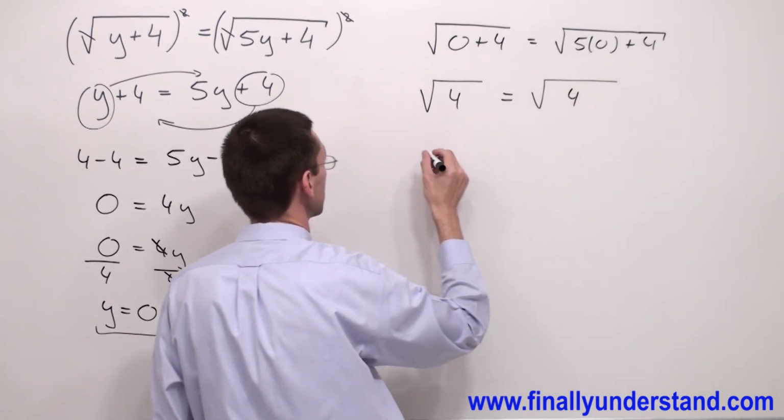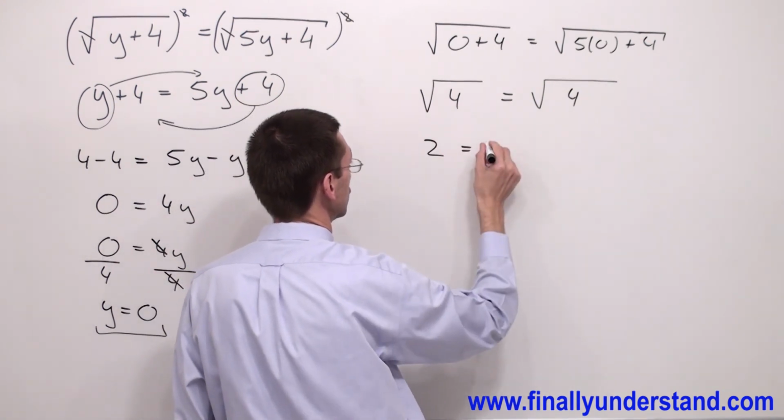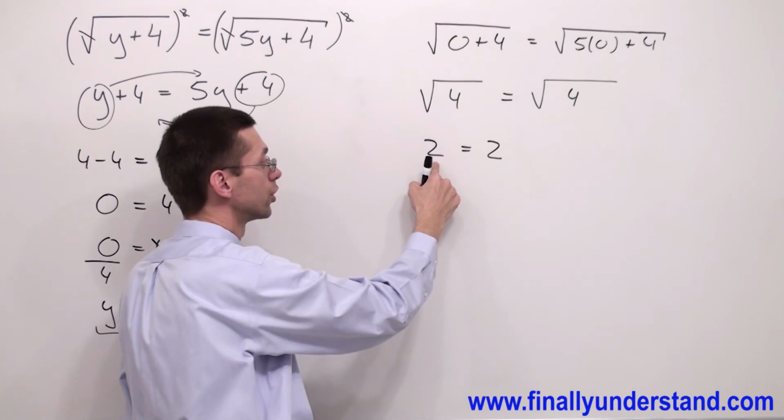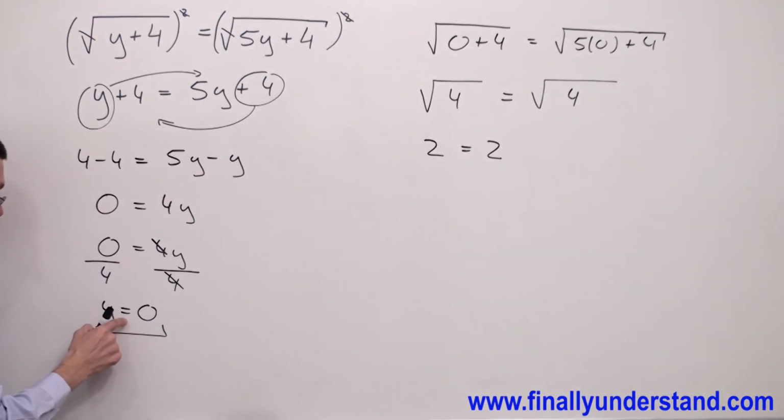You can go further. Square root of 4 is 2 and square root of 4 is 2. Left side is equal to the right side. That's why y equals 0 is the proper solution to my problem.